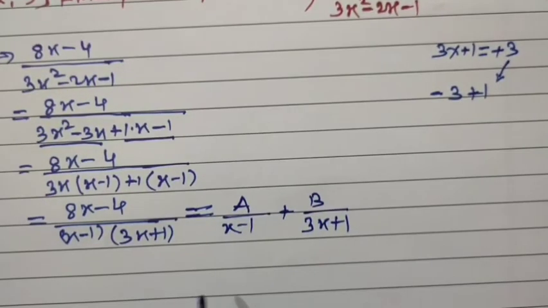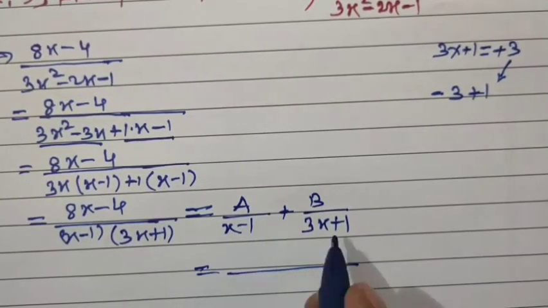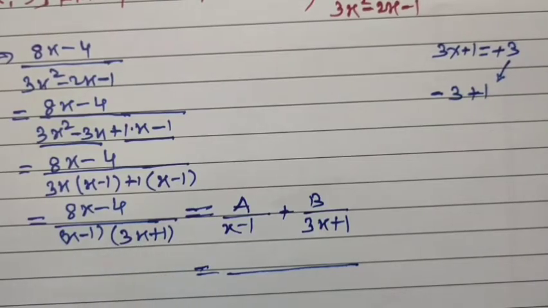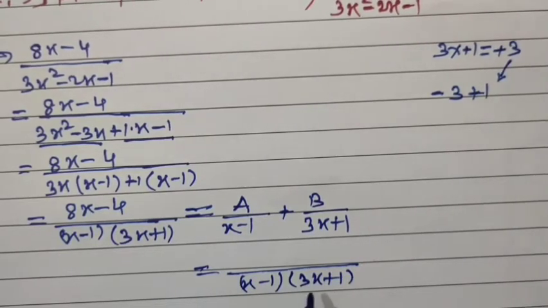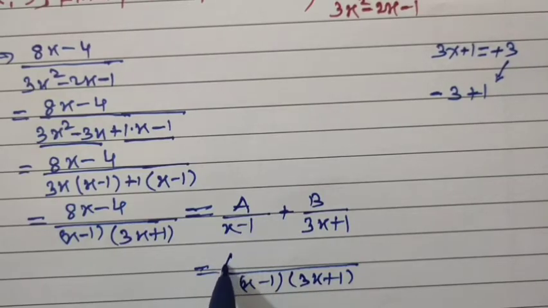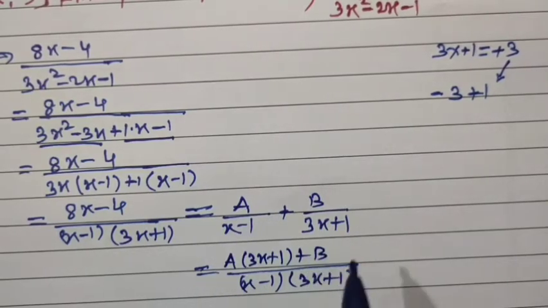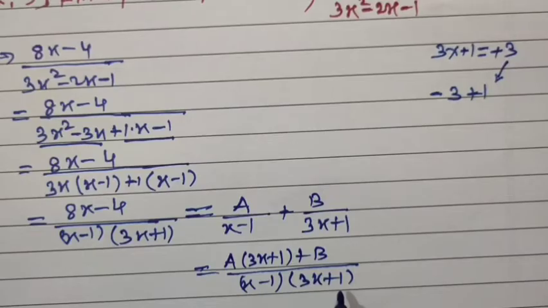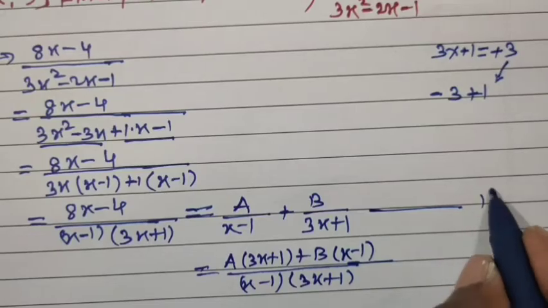Okay, now LCM of right hand side, that will be denominator of left hand side, x minus 1 into 3x plus 1. X minus 1 gets cancelled with this, remains this factor. So a into 3x plus 1 plus b into x minus 1, as 3x plus 1 gets cancelled with this. This is equation number 1, suppose.